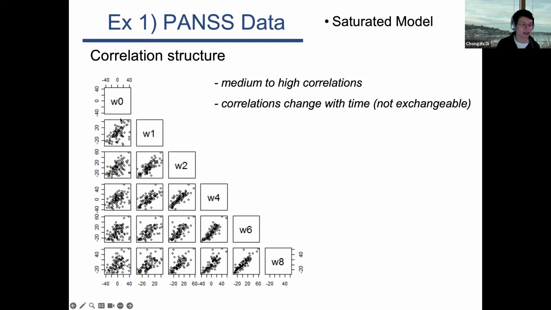I see a question: could you provide insights on the assumptions to be considered when building this type of model? I'm not sure, so please be a little bit more specific. Are you talking about the general linear mixed effects models, or the model we are considering for this particular example?